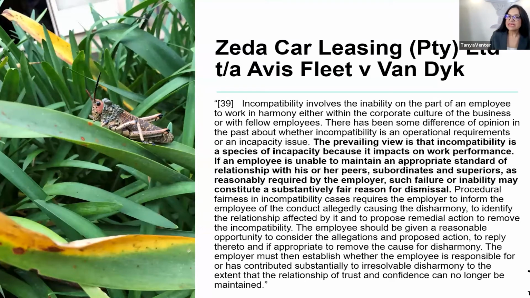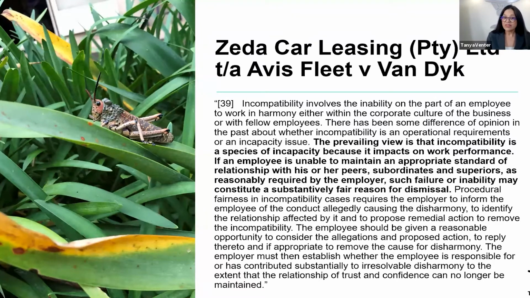If an employee is unable to maintain an appropriate standard of relationship with his or her peers, subordinates, and superiors as reasonably required by the employer, such failure or inability may constitute a substantively fair reason for dismissal.